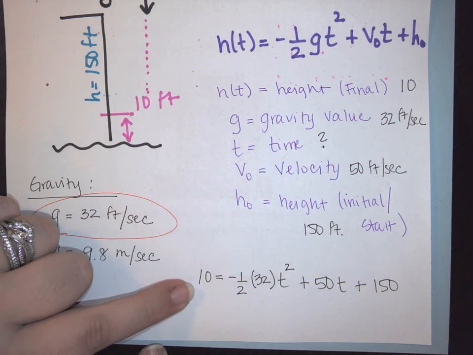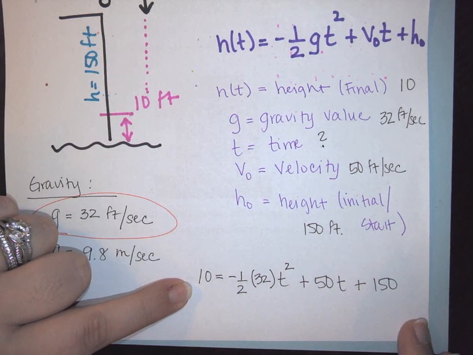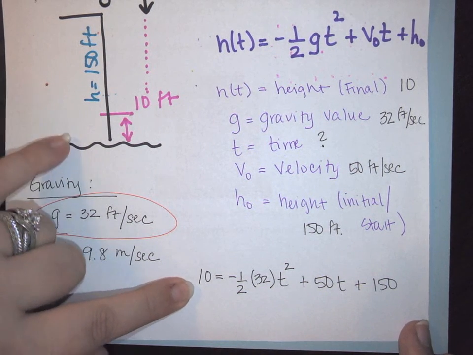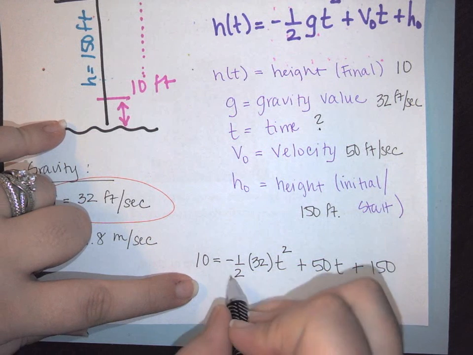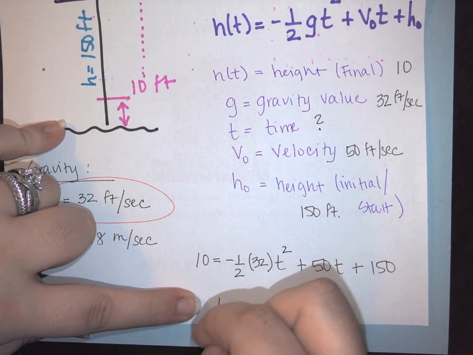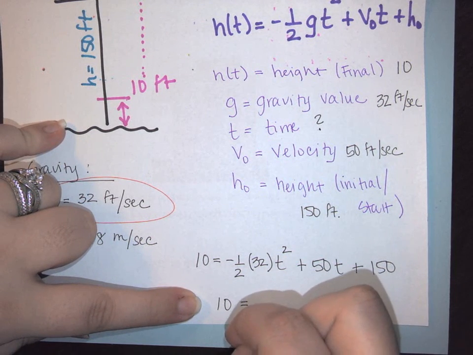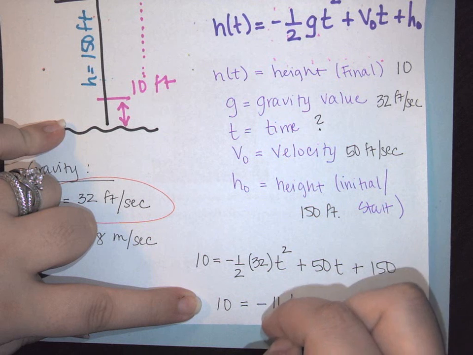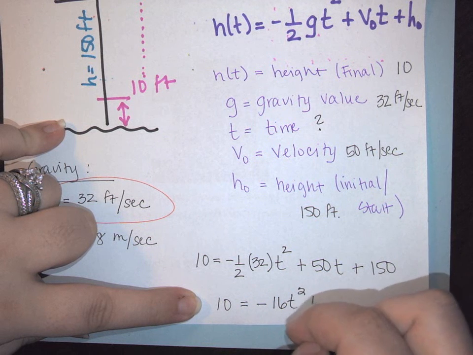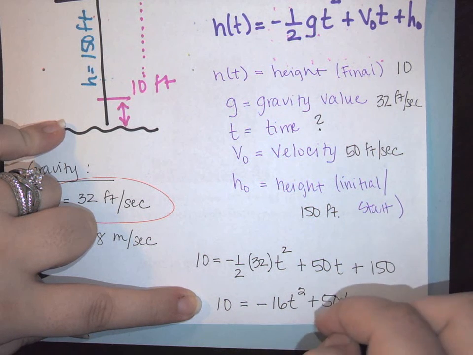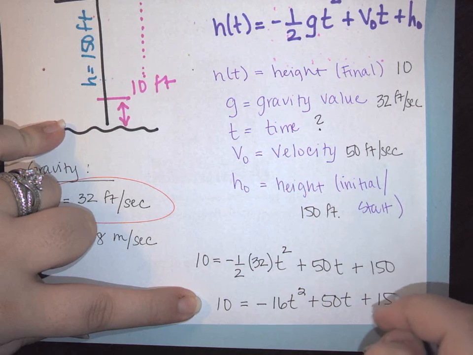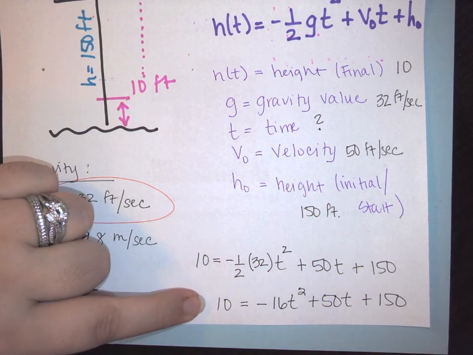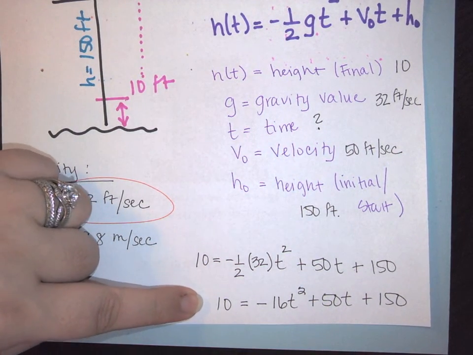If you look carefully, we actually have the makings of a quadratic. If we reduce the first term, we end up with 10 is equal to negative 16t squared plus 50t plus 150. And that is the quadratic that we need to solve.